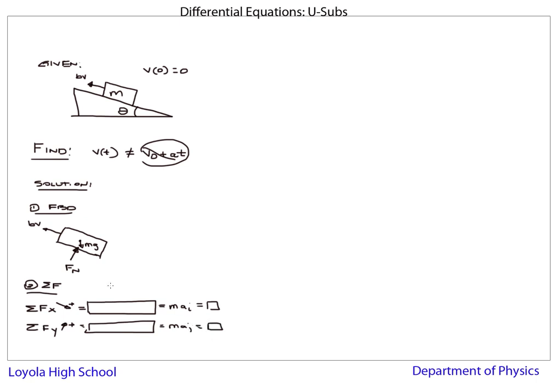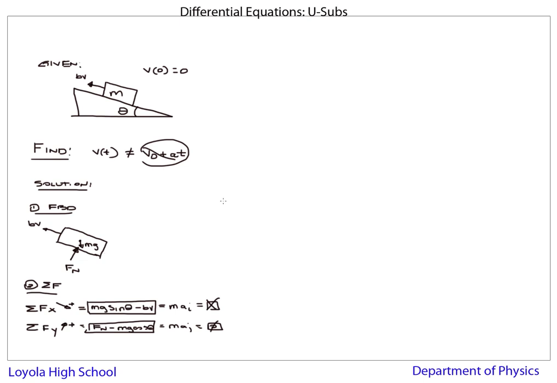So without going into the sine and cosine thing, in the x direction, mg sine theta minus bv, and it will accelerate. And in the y direction, we have the normal force minus mg cosine theta, and this is 0 acceleration. There's no acceleration in this direction.